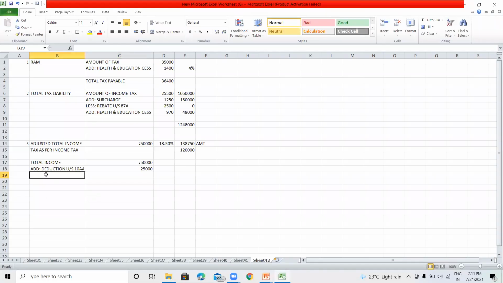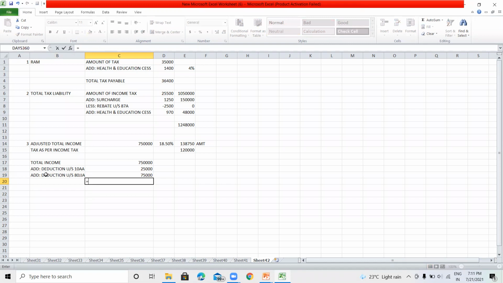If there is any deduction claimed under section 80JJA, for example 75,000, then it will also be added back.